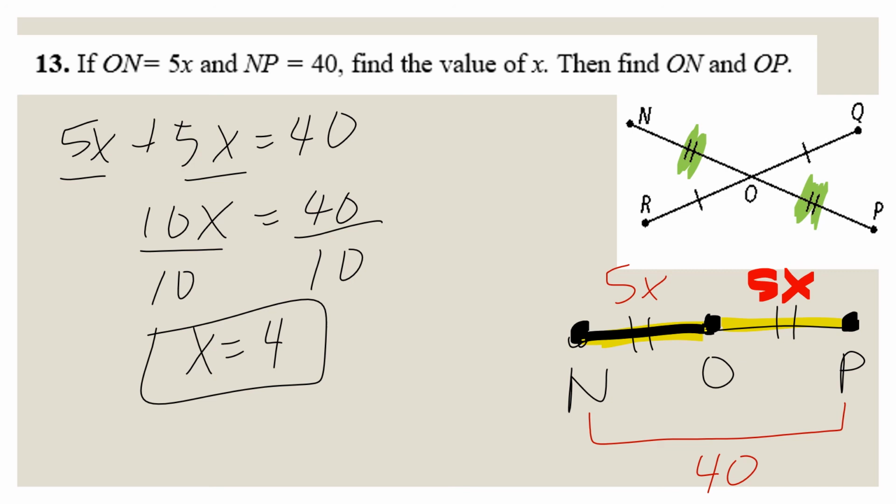Now it's just asking us to find the measure of ON and OP. So we're just finding the line segment measures, because we already know the whole entire line segment.